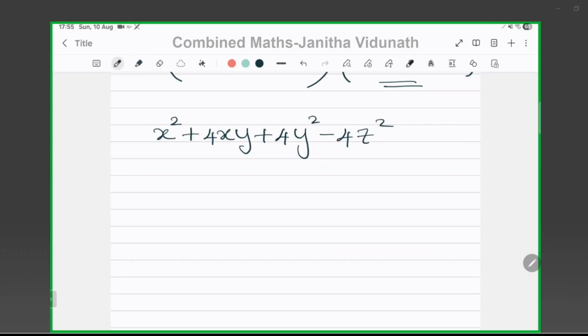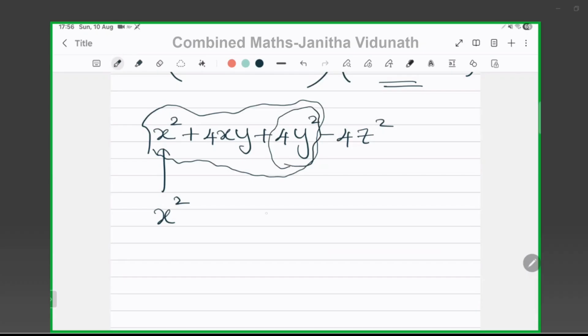With our previous knowledge, here we can see there are three terms. Here the first term is a whole square. Here the third term is also a whole square. And we can see that the middle term consists of 2 times the first term and the last term.